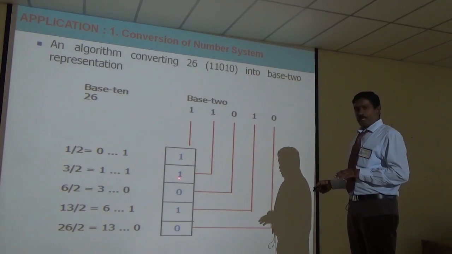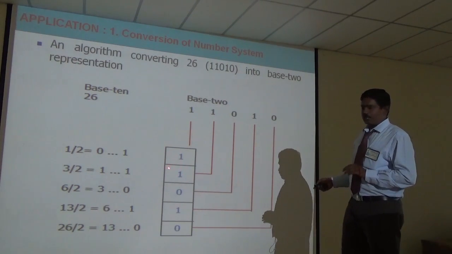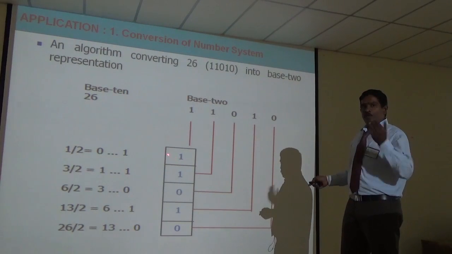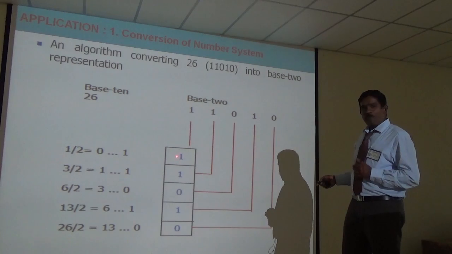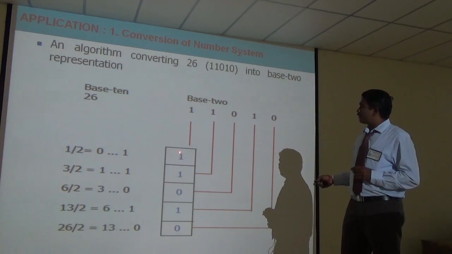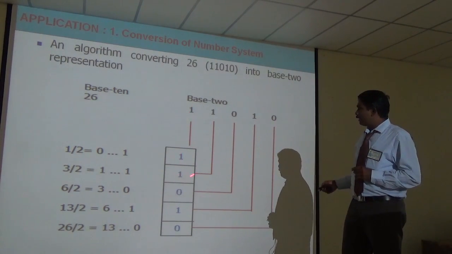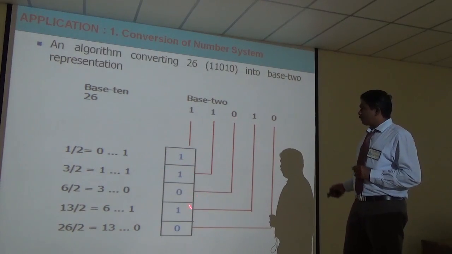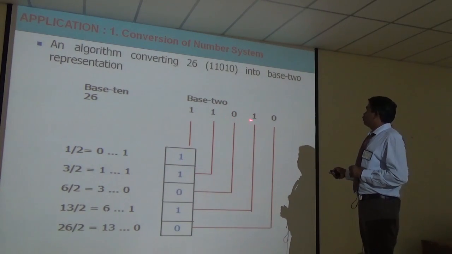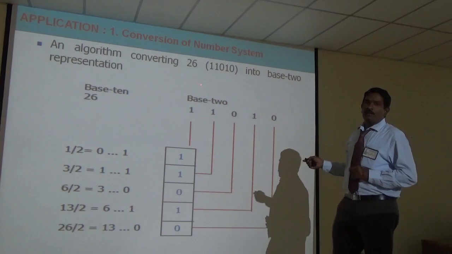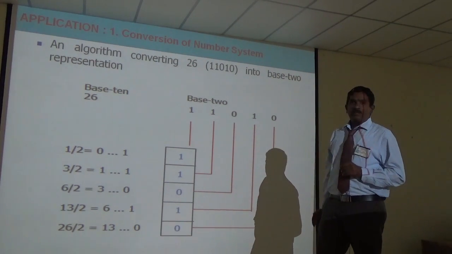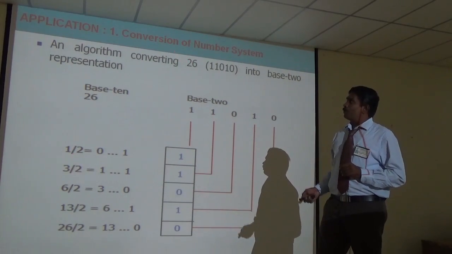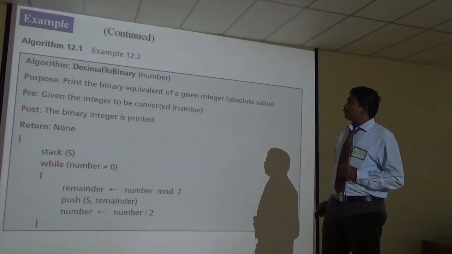After inserting all the elements into the remainder stack, we pop to print the equivalent binary number. The topmost remainder element is popped first, then the next one, and so on: 1, 1, 0, 1, 0 is the equivalent binary representation of the decimal number 26.